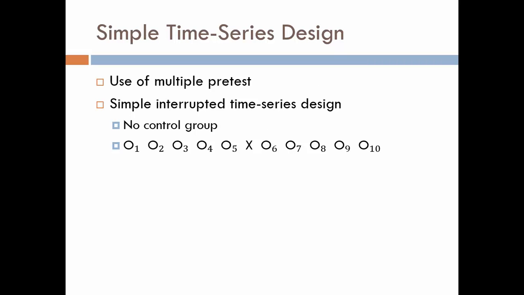There's another type of experimental design called simple time series design, and this uses multiple pretests. And this can be used when you don't have a control group. So let's say I only have one group. I don't have a control group. Nobody's on the wait list.